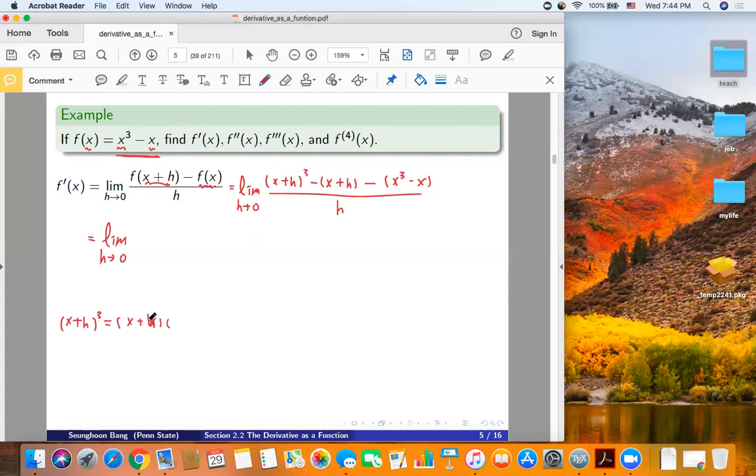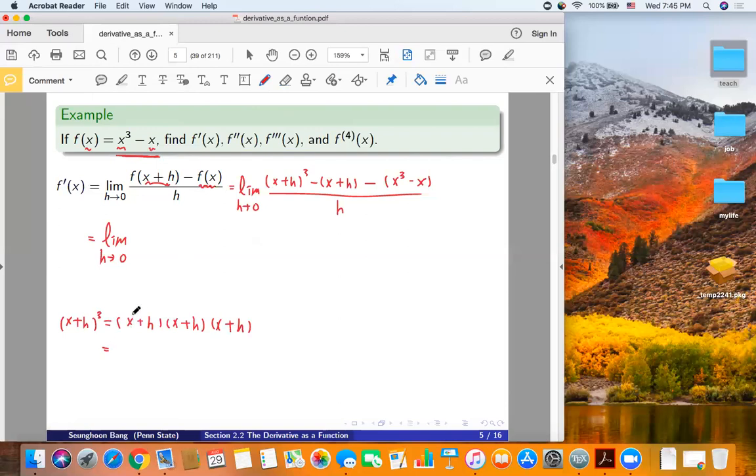x plus h, x plus h, x plus h, and keep going.